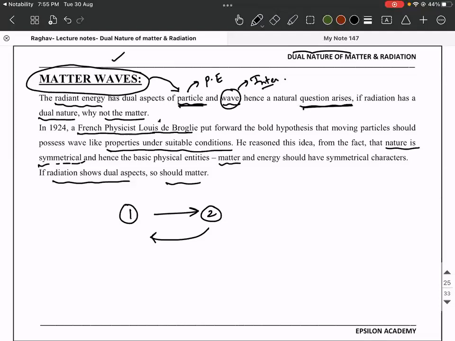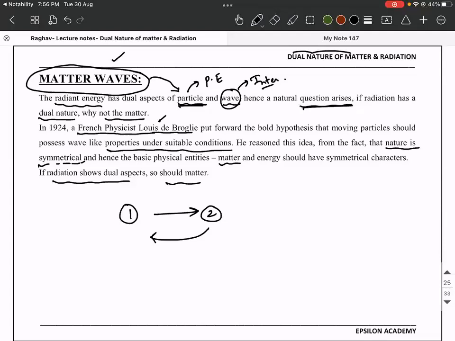So in 1924, a French physicist named Louis de Broglie, spelled D-E-B-R-O-G-L-I-E, put forward the bold hypothesis that moving particles should possess wave-like properties under suitable conditions.